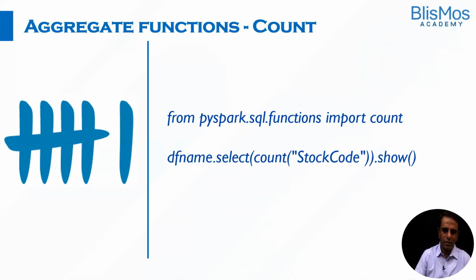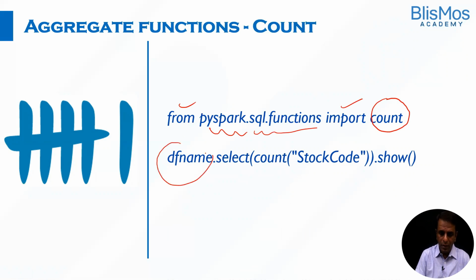First and foremost, we have to import the function count. If you had already forgotten, it is very easy to import the function. It is from pyspark.sql.functions import count. Then you provide the name of the data frame, select the column on which you want to count, and provide the column name.